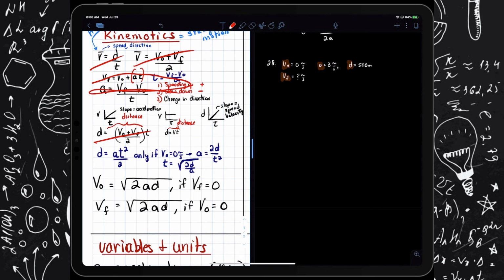No acceleration here, no VF. Right here, this is solving for VO, so that can't work. But in this case, see how I have the VF? That's what I'm trying to solve for. I know A and I know D, and I know VO was 0. So that must be the equation that I'm going to use for this particular problem.